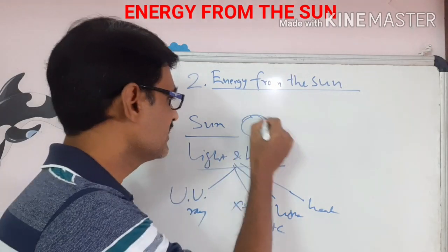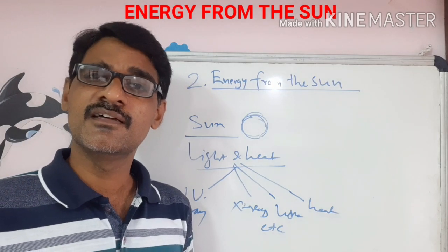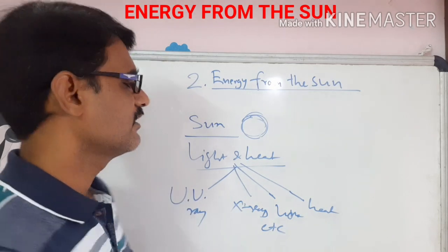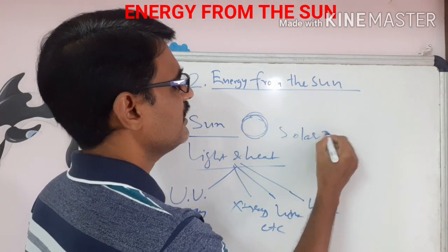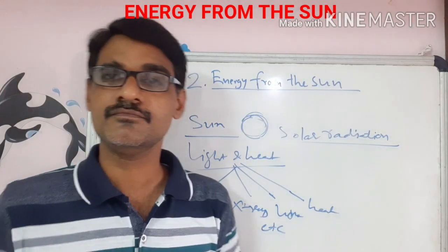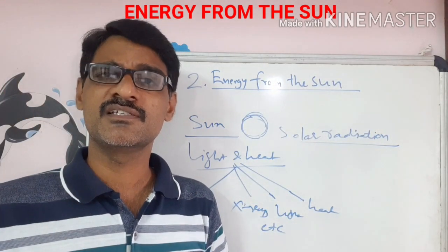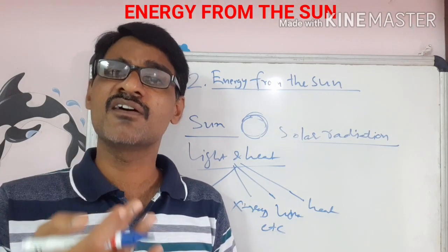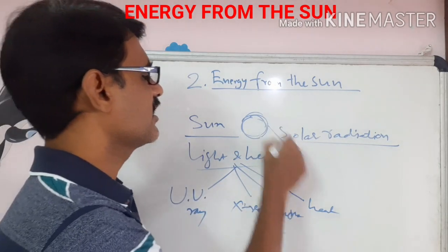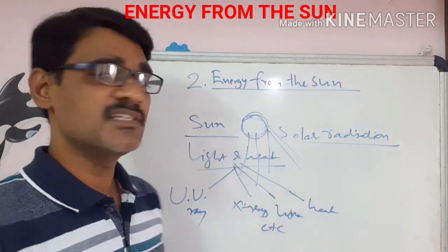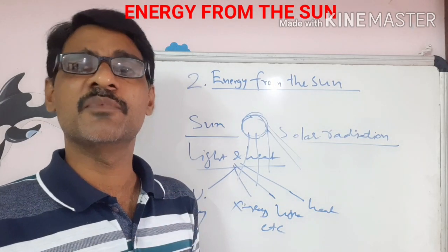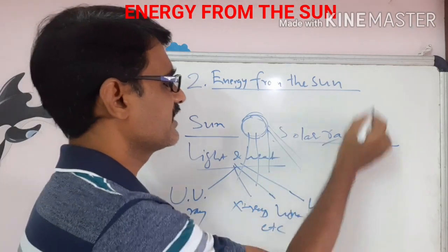So the sun releasing the constant energy is called the solar radiation. Nothing but the energy which is emitted by the sun constantly is called solar radiation.